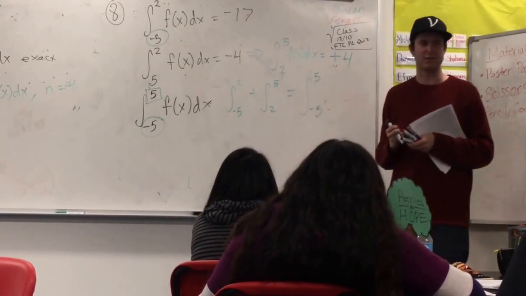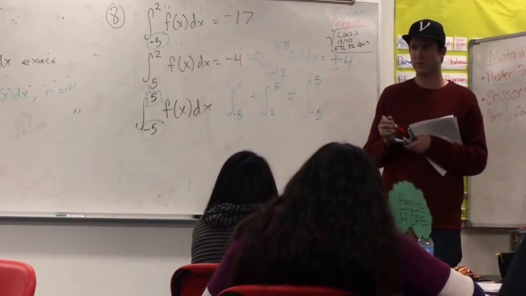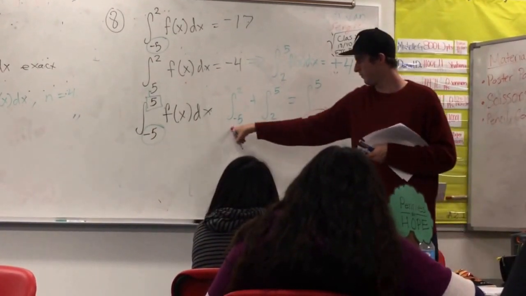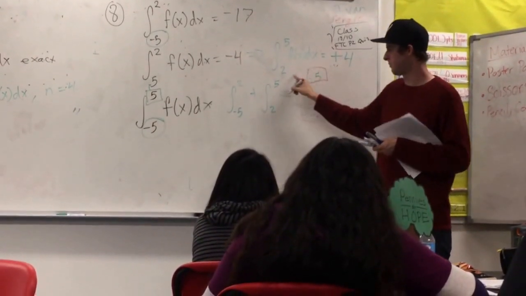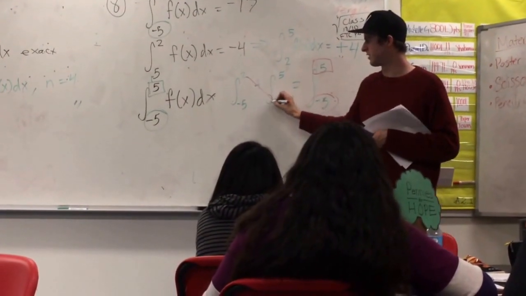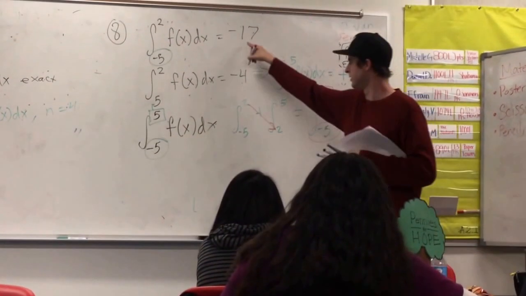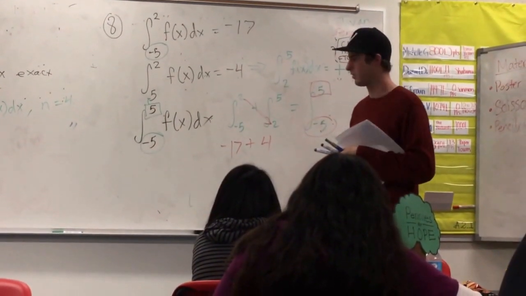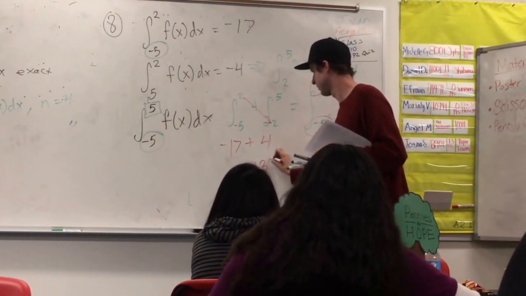That's how I usually set these up: get this number on the bottom and this number on the top, and then these two are the same, they cancel out. So it's -17 plus 4, which is -13.